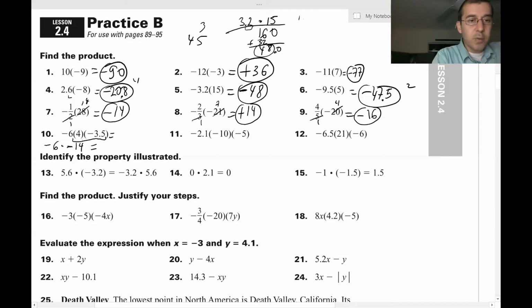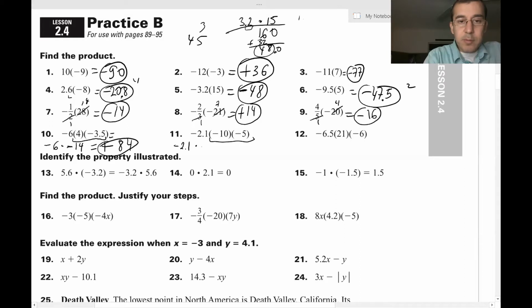Now we have two numbers with the same sign. The product is positive. And then 6 times 14: 6 times 4 is 24. 4 and 2. 6 times 1 is 6, and 2, 8. 84. Plus 84 is the answer of number 10. Number 11. Let's do these two first. So we have first minus 2.1, then times.